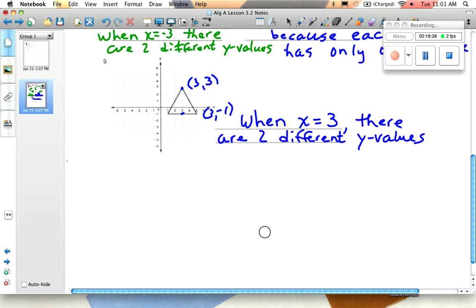Now, in reality, there are some other x's that have 2 different y values, and they would be all the other x's in the domain of this, except 1 and 5.